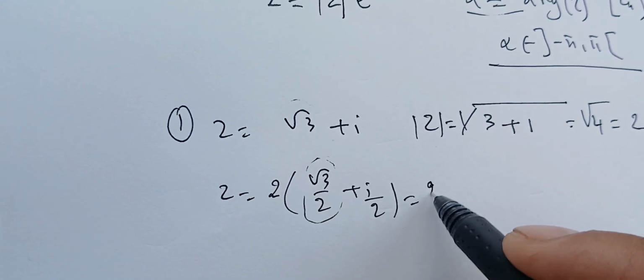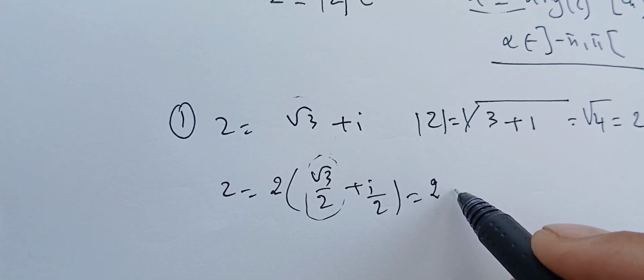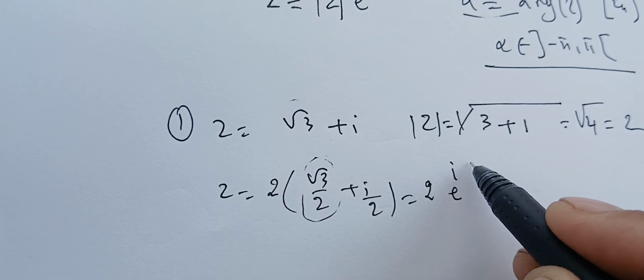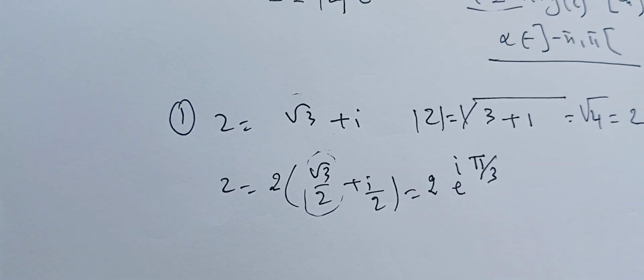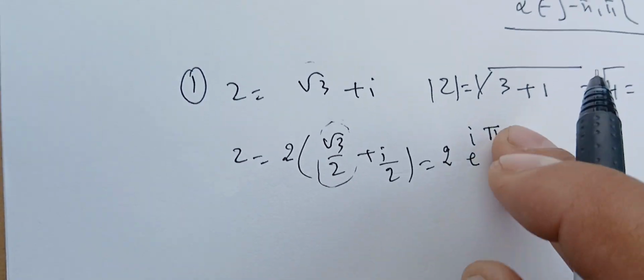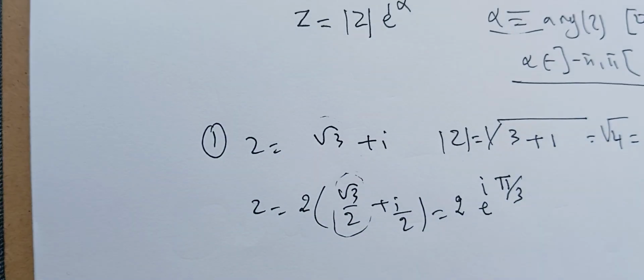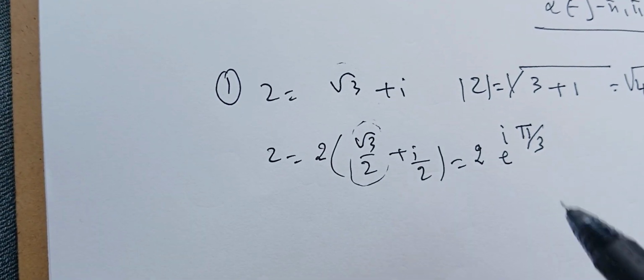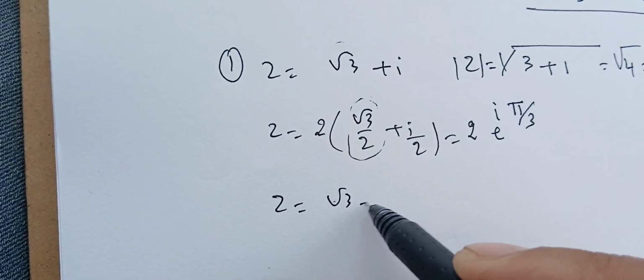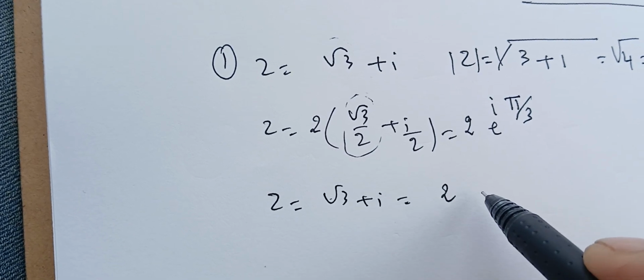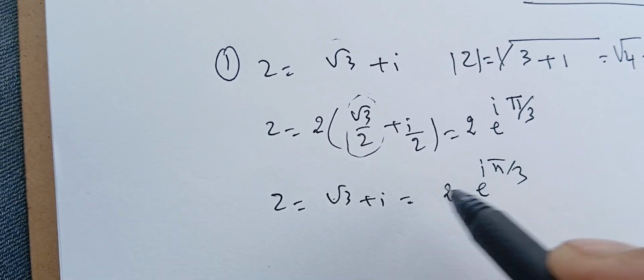So we know from trigonometry that this one is e to i pi over 3, and pi over 3 is in this interval. So we have found the exponential form: square root of 3 plus i is equal to 2 e to i pi over 3.